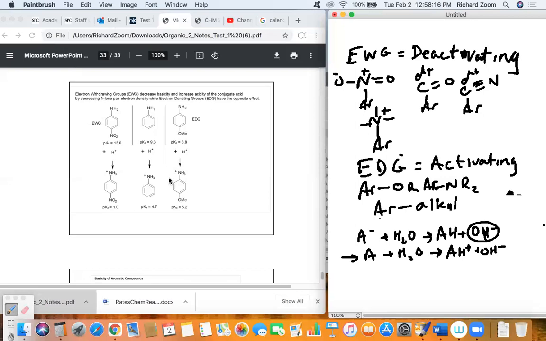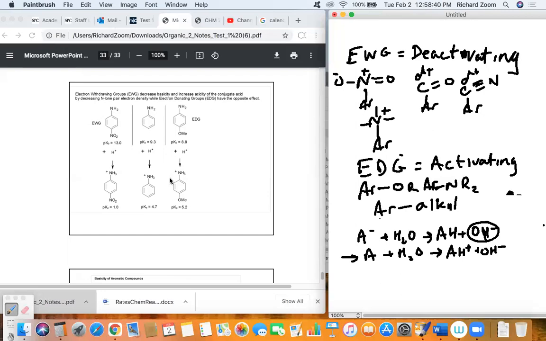Okay. So if we're talking about, again, these electron withdrawing groups and electron donating groups, you can see the effect that the electron withdrawing groups have on the basicity.